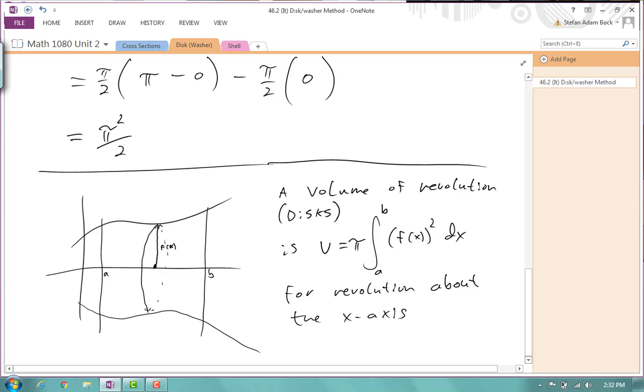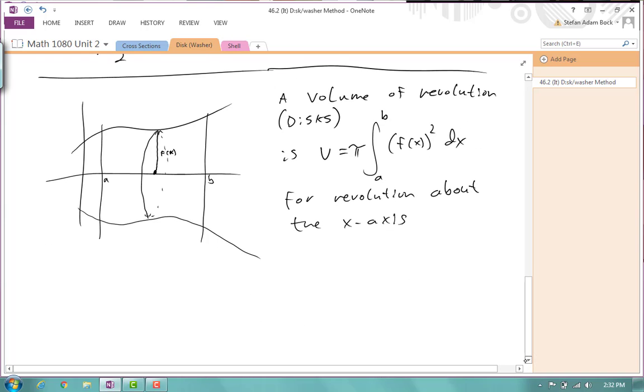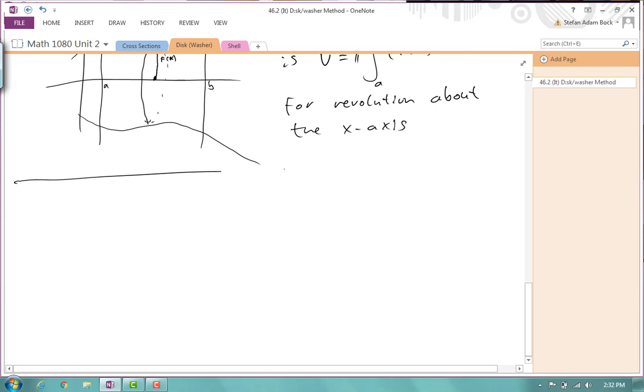So what if I want to revolve around something other than the x-axis? Let's suppose I've got the square root of x, and I'll go from 0 up to 4. But I want to revolve around y equals 5.